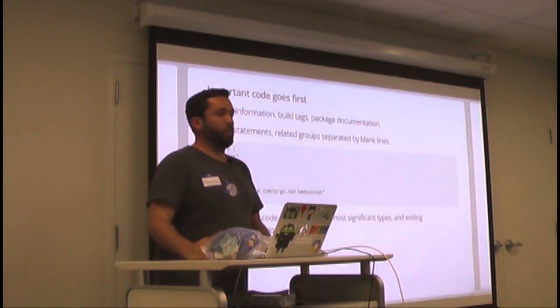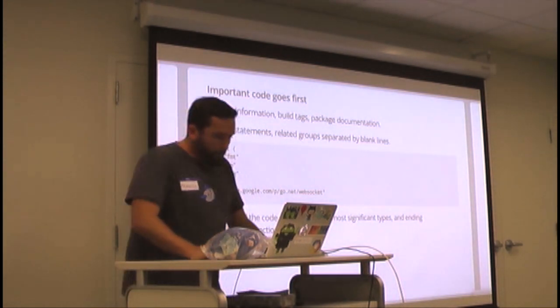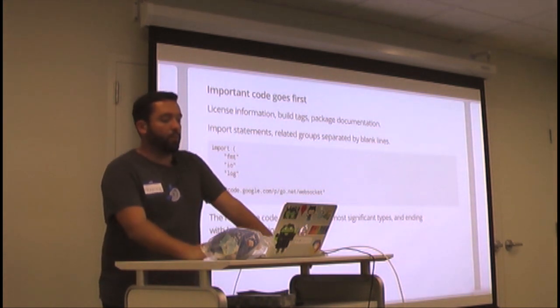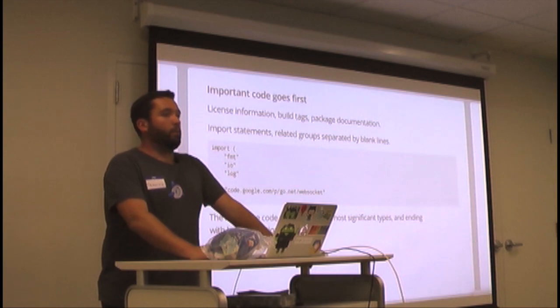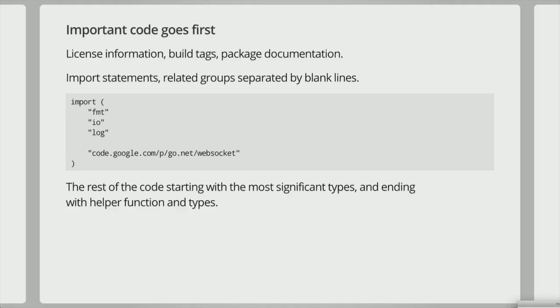Then you have package documentation, which is very important. And then you have the import statements. The import statements, we sort them alphabetically, which you don't need to care about because there's gofmt that will do that for you. So gofmt is this really cool tool that you can call a pretty printer, but it does more and more. Now we don't use gofmt, the new one is goimports.